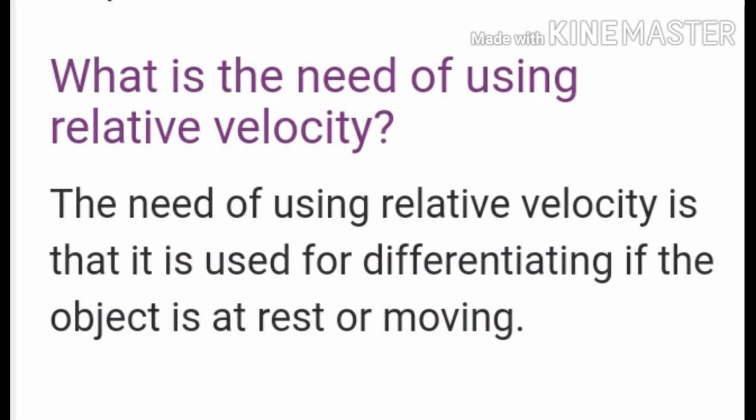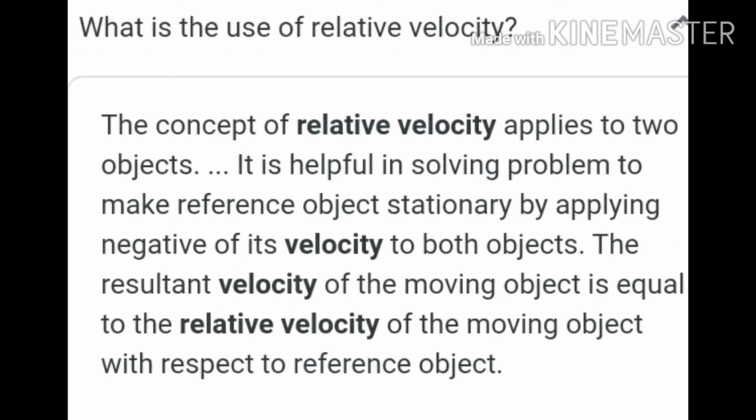Our first question is, what is the need of using relative velocity? The need of using relative velocity is that it is used for differentiating whether an object is at rest or moving. Now move to the second question, which is what is the use of relative velocity?